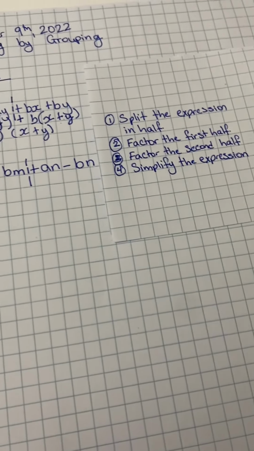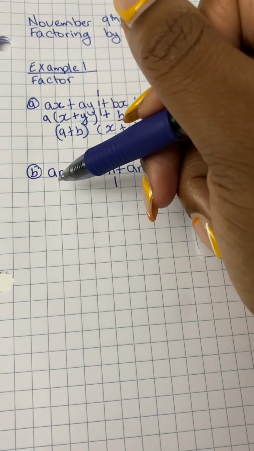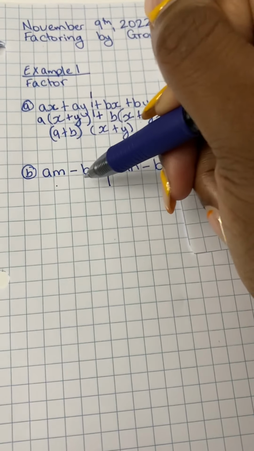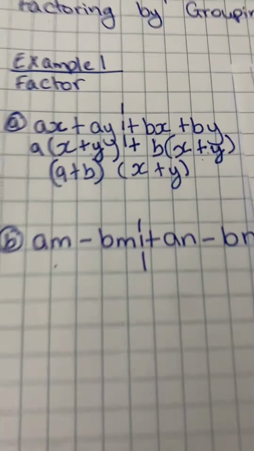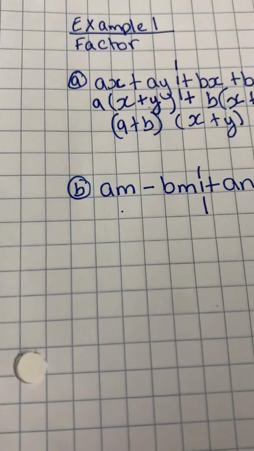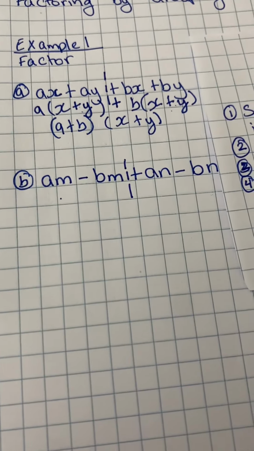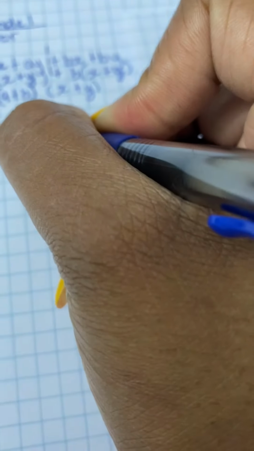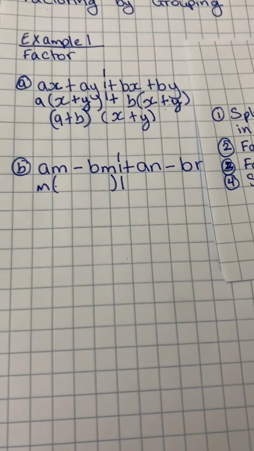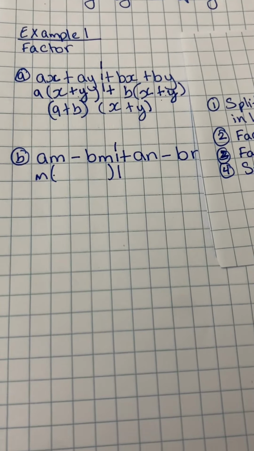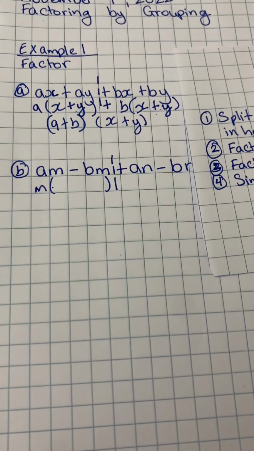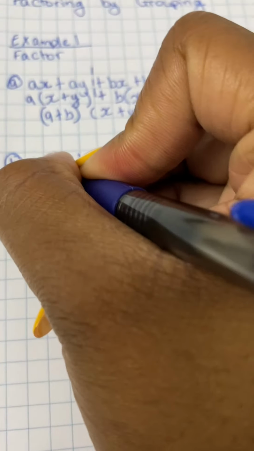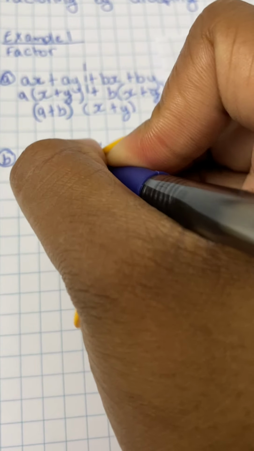Now I'm going to factor the first half. So I'm just going to focus on the first 2 terms, am minus bm. And I want to think to myself, well, what do these 2 terms have in common? They have an m. And I'm going to write my brackets and try to factor out, or divide each term by m. am divided by m just leaves me with a, minus b.